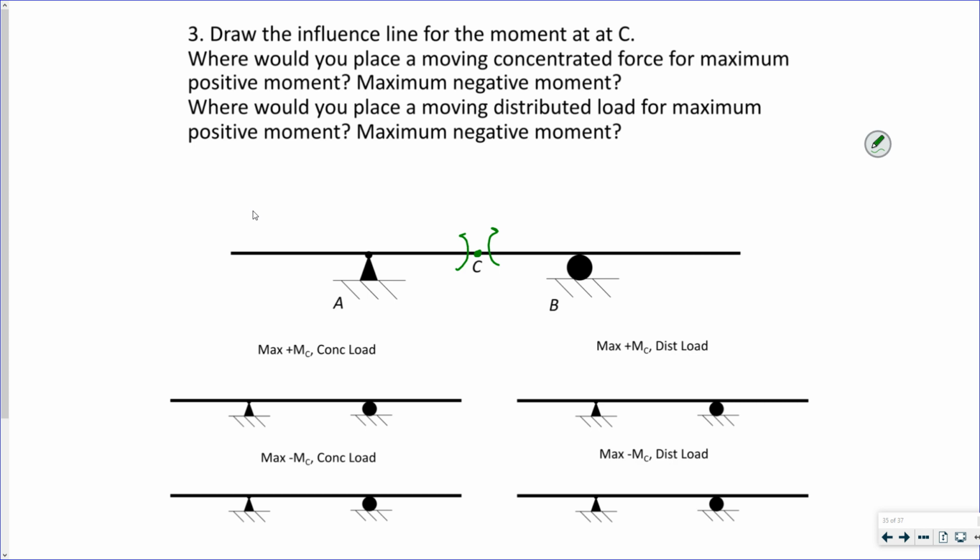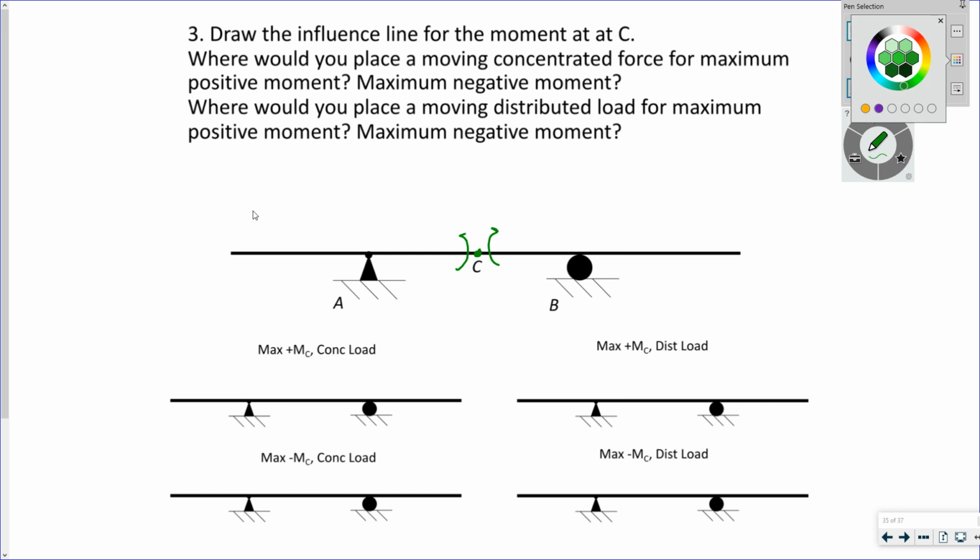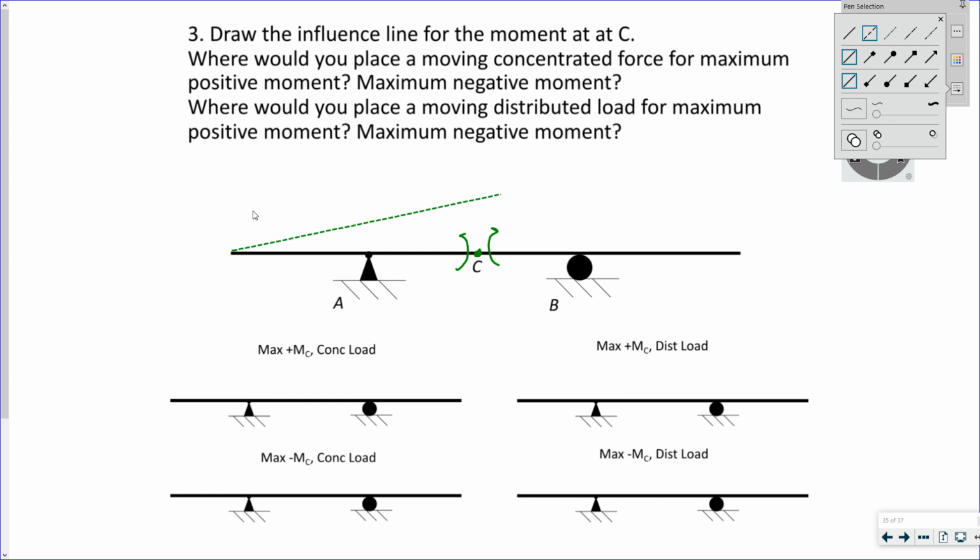It would result in, draw the influence line for the moment at C. I'm going to make this a hinge and apply a moment, and it would result in a displaced shape like that. Right? So that's my influence line.